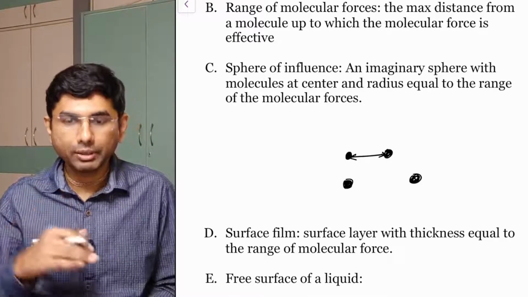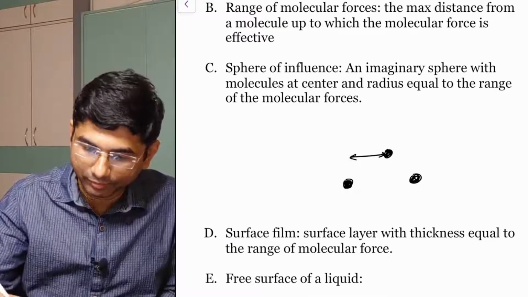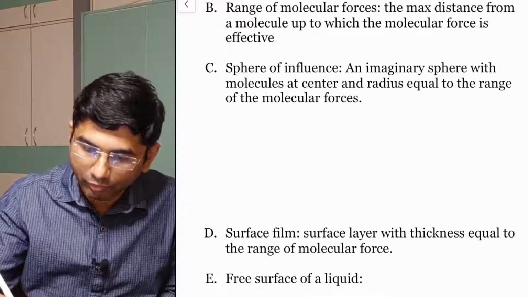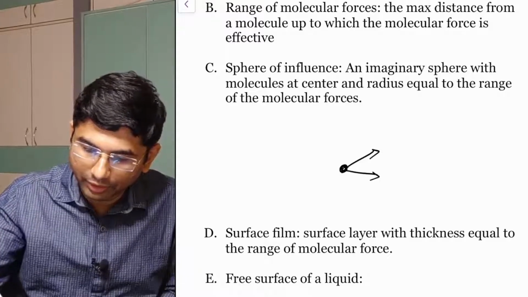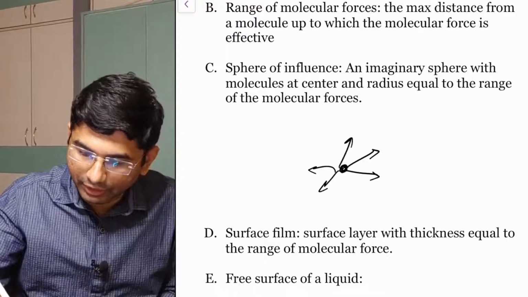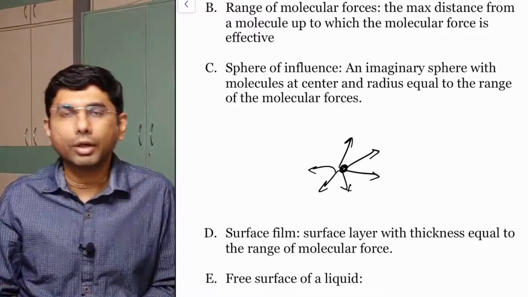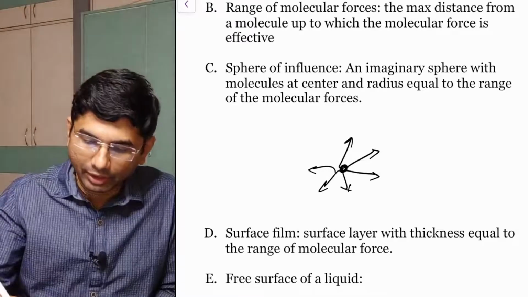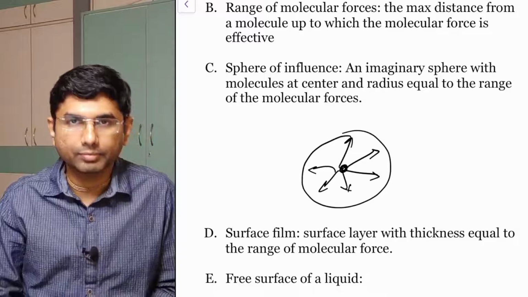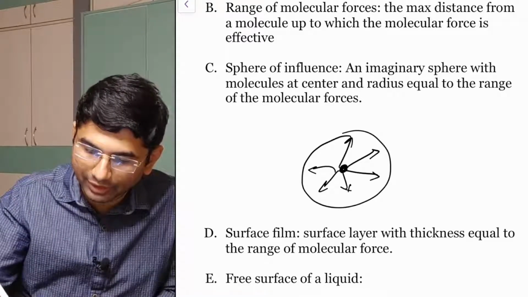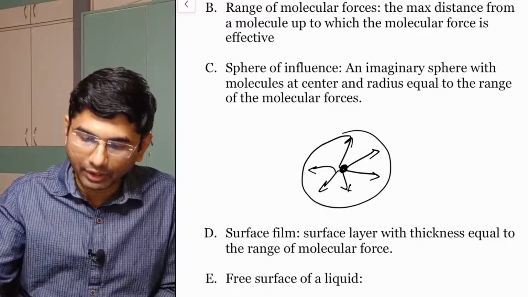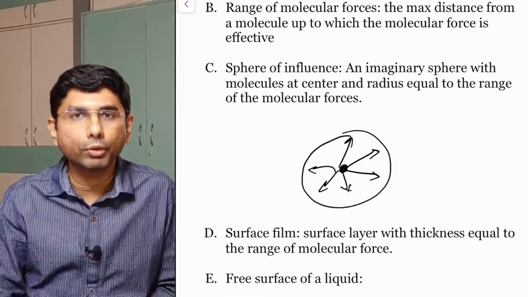Now with the same idea, if I take one molecule and draw its range in all directions, 360 degrees, all four sides, then I can make a sphere out of it. This is an imaginary sphere where I take this molecule as the center, and the radius is the range of molecular forces.